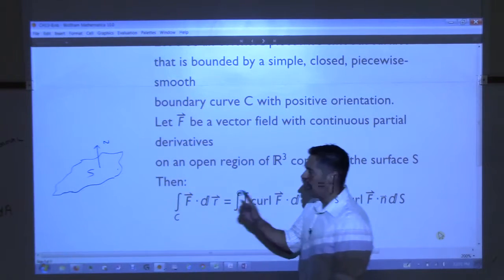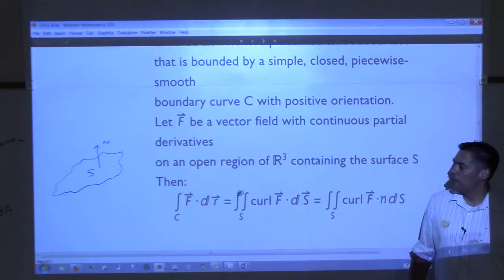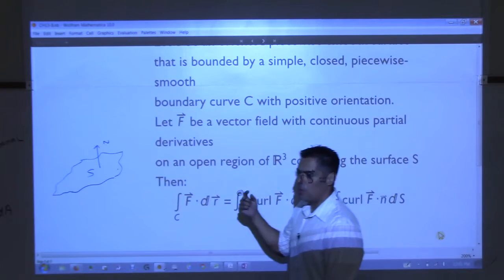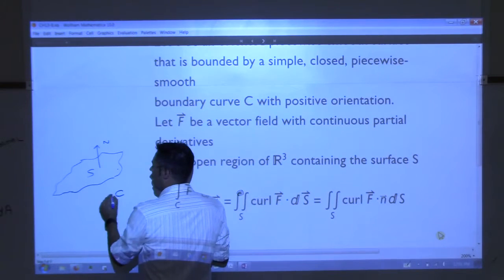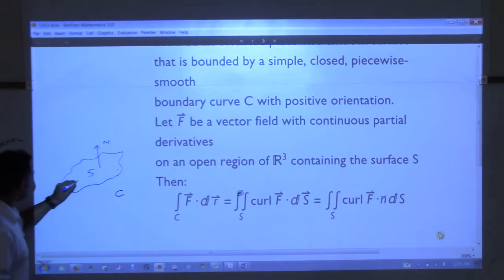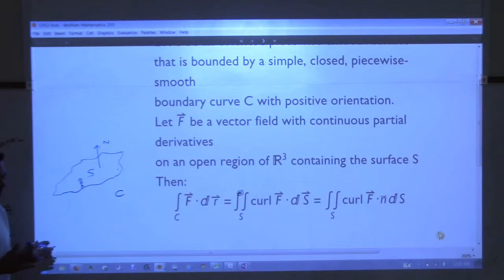Let's say that's the way the normal vector is pointed. Then the positive orientation of the curve C is going to be like if we were walking on the surface, we would want to be walking on the surface and look to our left and we would see the surface. And that would be positive orientation.